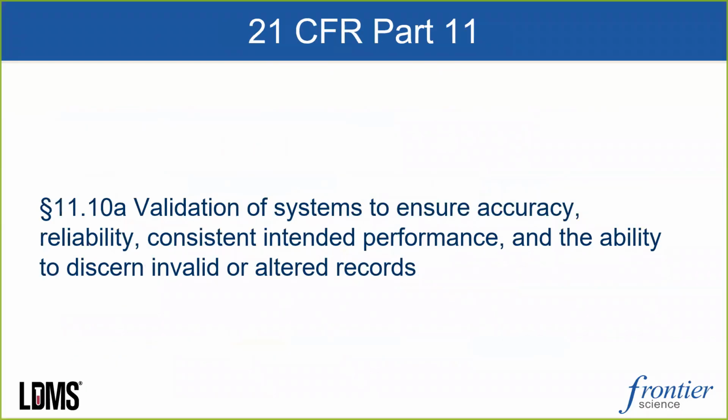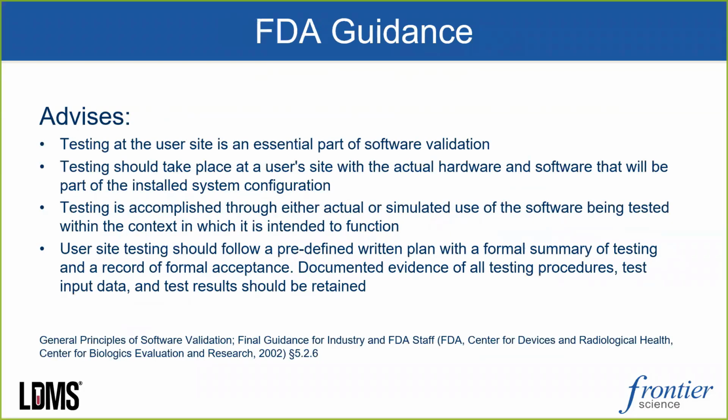So this entire process is born from 21 CFR Part 11, Subpart 10A, the validation of systems to ensure accuracy, reliability, consistent intended performance, and the ability to discern invalid or altered records. The FDA has provided further guidance that testing at the user site is an essential part of software validation.